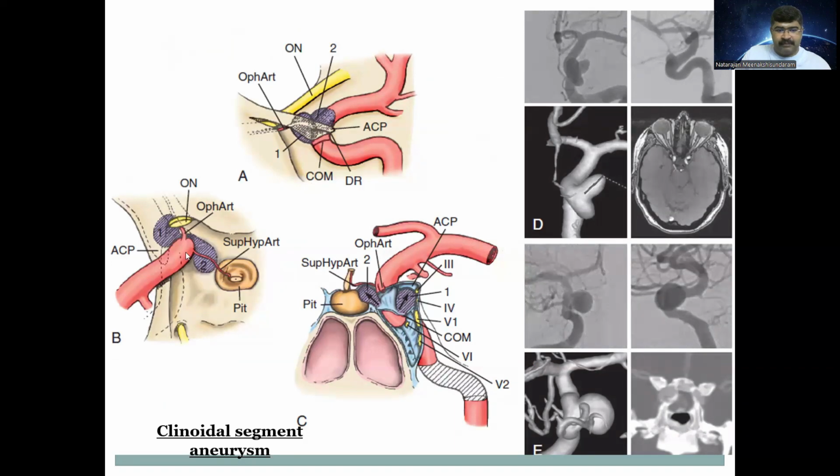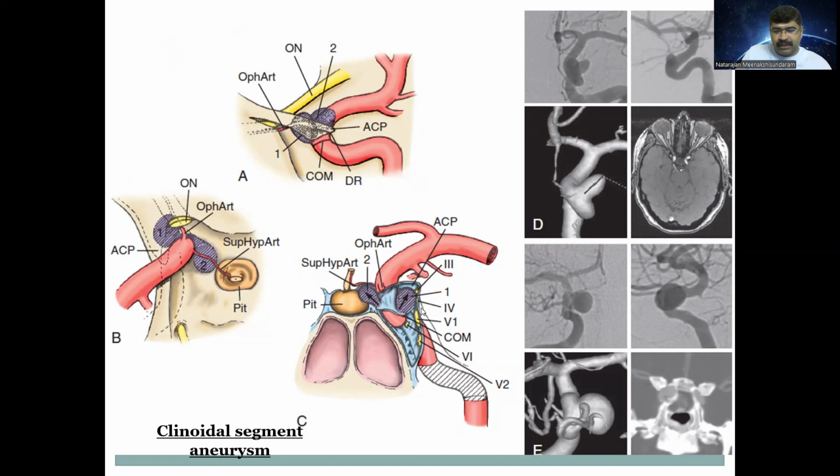With the superior view you can see the superior hypophyseal artery and how the medial variant is related, arising from the medial and inferior part of the ICA. The anterolateral variant arises from the dorsal and lateral part of the ICA. This is how the clinoid segment aneurysm is related to the various structures of the ICA.